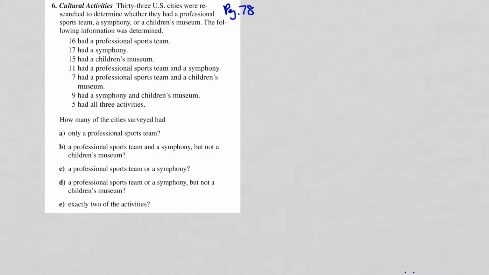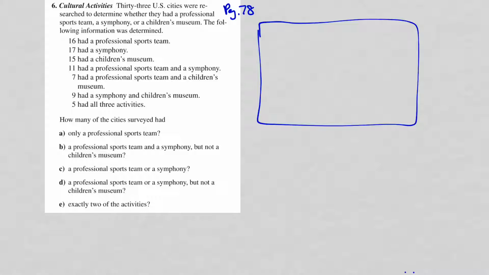All right, so here's number 6 from page 78 in 2.5. I'm going to go through this a little bit faster since we don't have to go through introductions and regions and all that. So we're just going to quickly draw our Venn diagram. 3 regions.